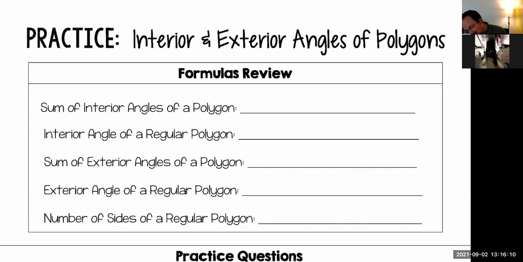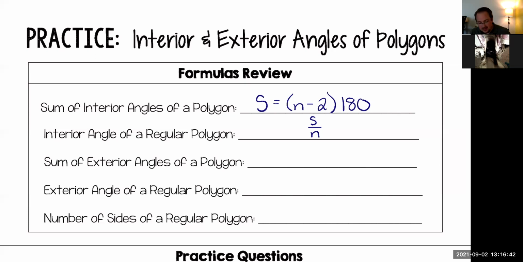So in order to find the sum of interior angles of a polygon, that is S equals n minus 2 times 180. In order to find the single interior angle of a regular polygon, you just take that total S and divide it by the number of sides.